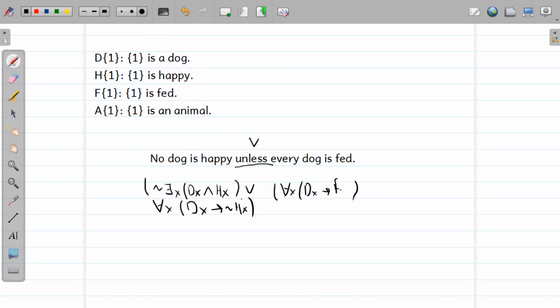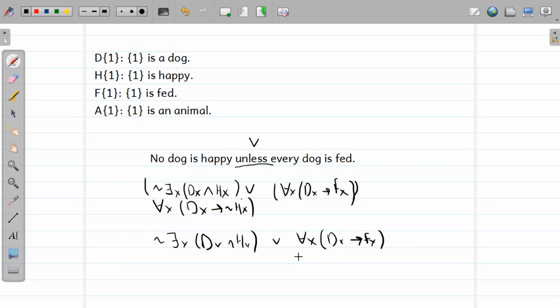Very good. These brackets are superfluous, but okay, so writing that out nicer: does not exist an x such that dx and hx, or for all x, if dx, then fx. Good.